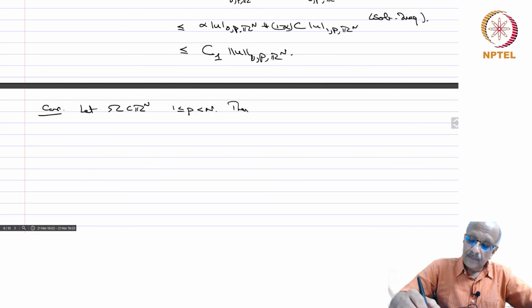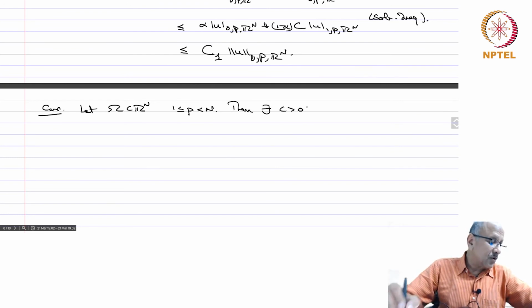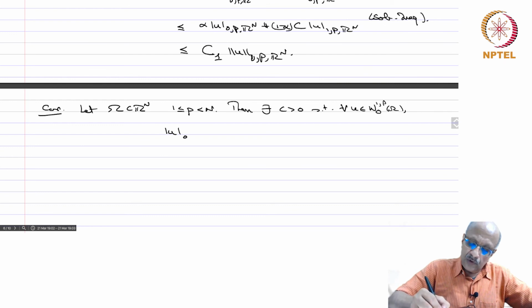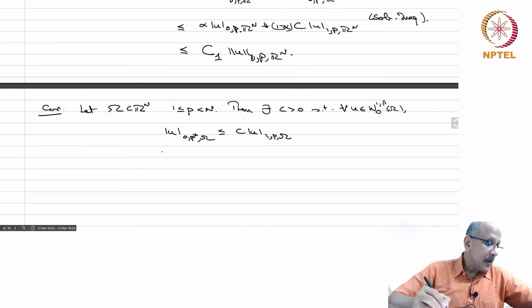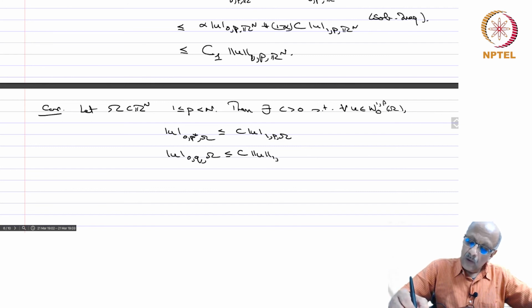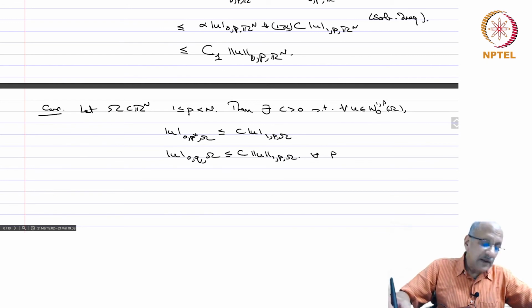Then there exists a c greater than 0 such that for all u in W^{1,p}_0 of omega, you have norm u 0 p star omega is less than or equal to c times norm u 1 p omega, and norm u 0 q omega less than or equal to c times norm u 1 p omega for all p less than q less than p star.